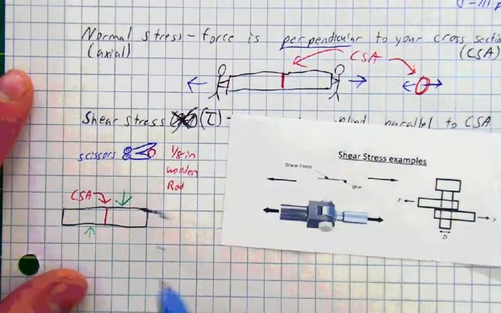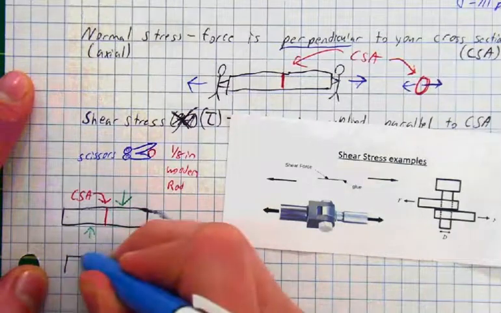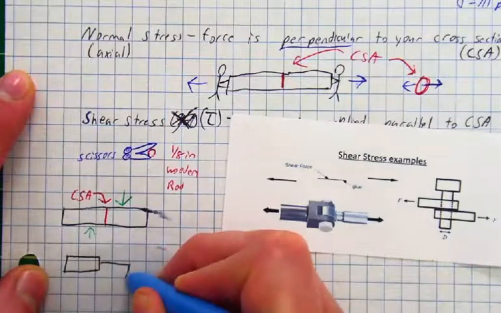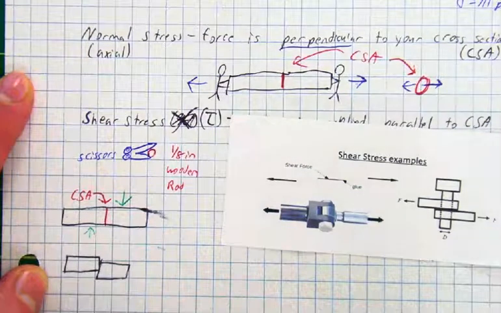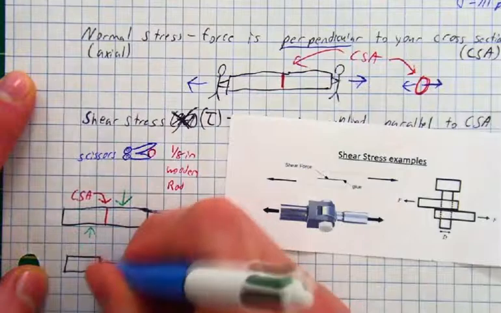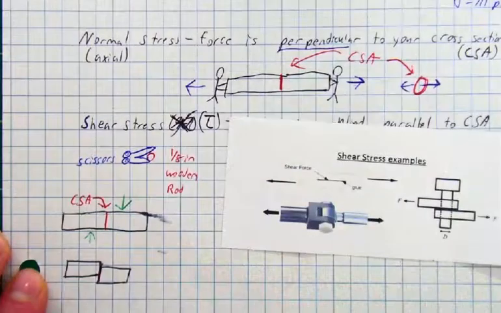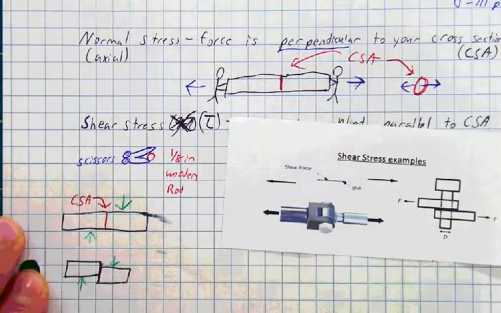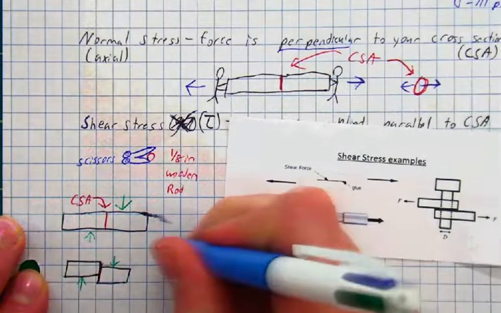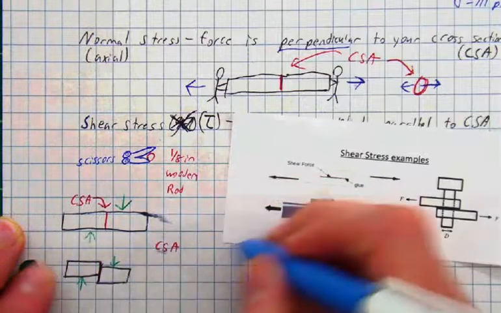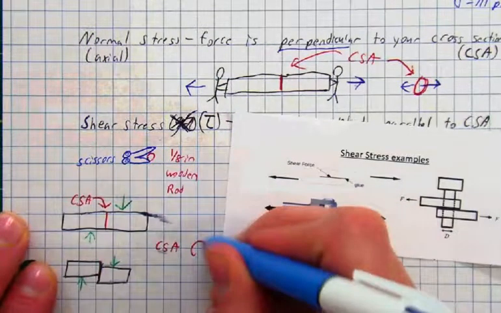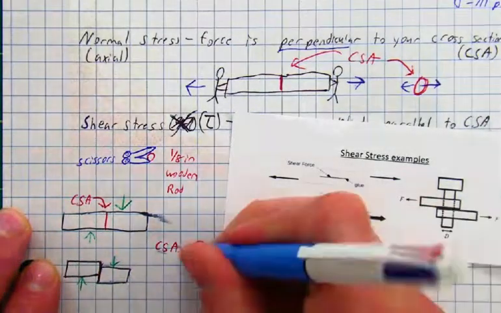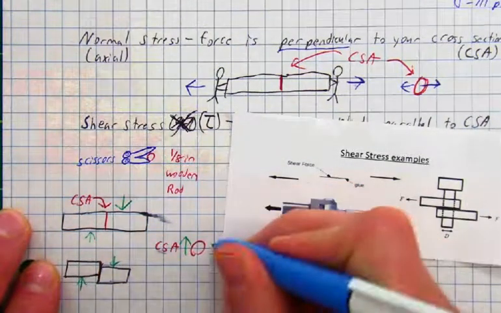One side going up literally, and another side going down literally. So here's your cross-sectional area where you're literally trying to break this apart parallel to your cross-sectional area. This is our cross-sectional area here, the same wooden dowel. We have one force going up, pushing it apart, and another force going down.